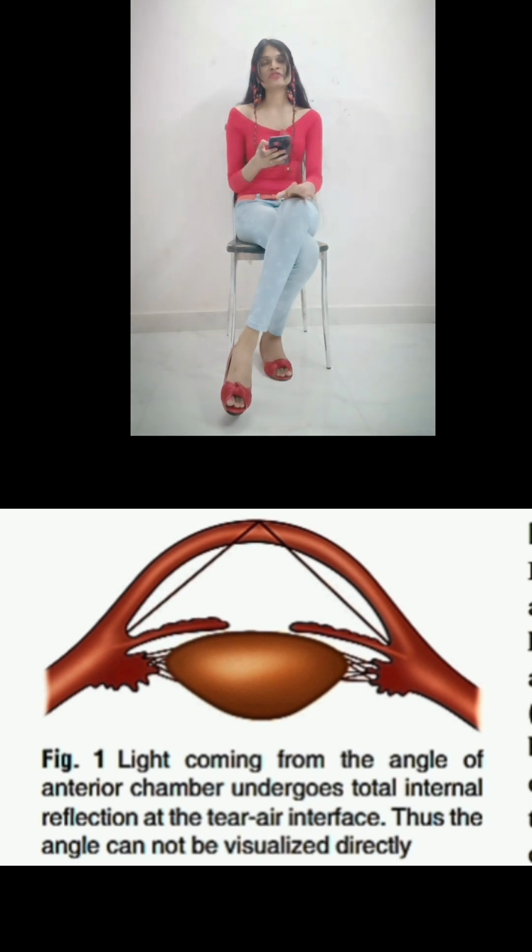It means when the light rays pass from the denser medium to the rarer medium. The denser medium here is the cornea and the aqueous humor, anterior chamber, okay? And the rarer medium is air.